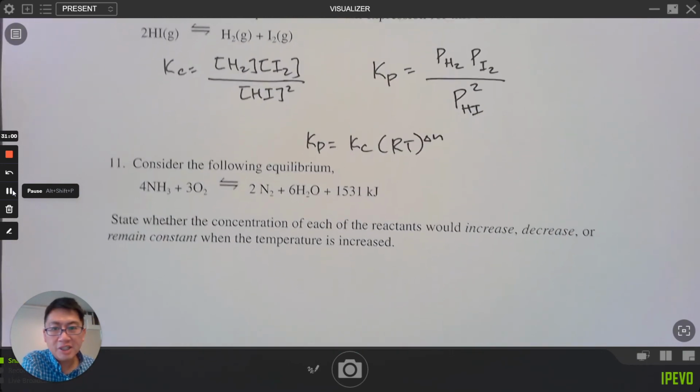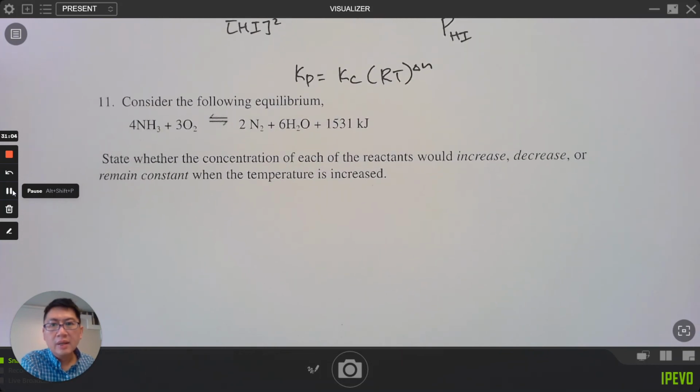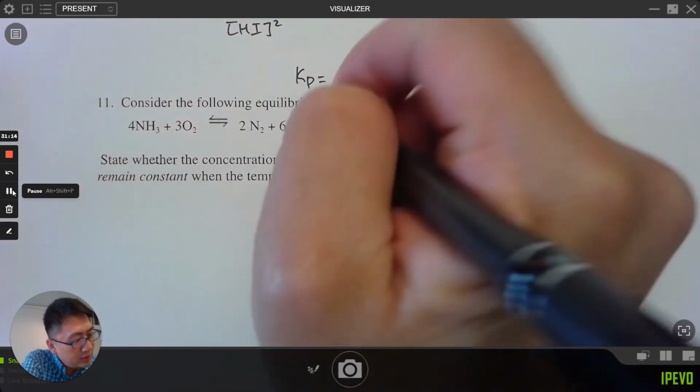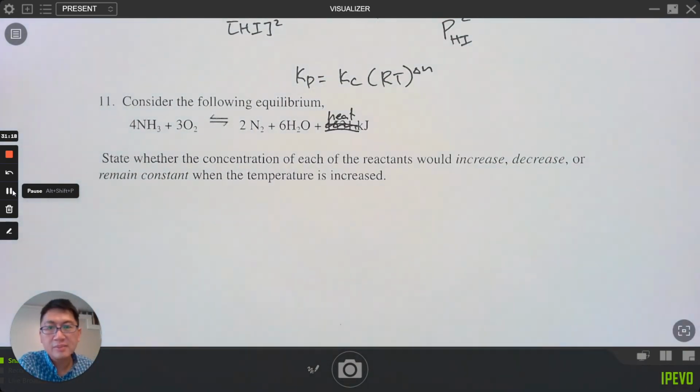Okay, one last Le Chatelier's principle problem. Consider the following equilibrium. State whether each of the reactants will increase, decrease, or remain constant when the temperature increases. Whenever you see these, I just put that as heat. Who cares how much heat? It's 1531 joules or kilojoules. If we increase the temperature or increase the heat, it wants to get rid of heat.